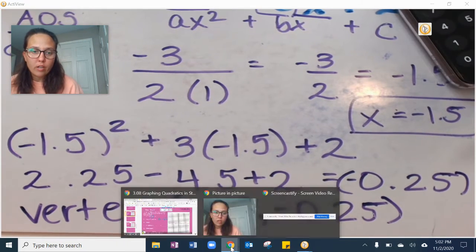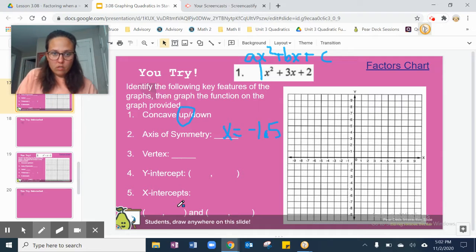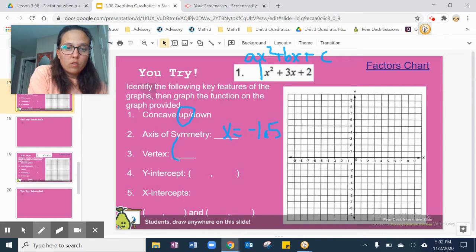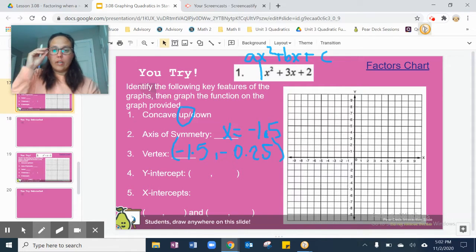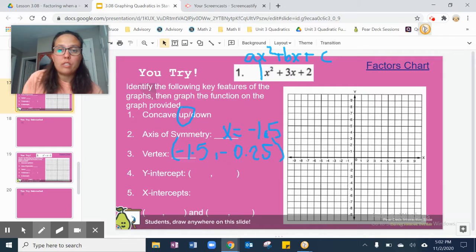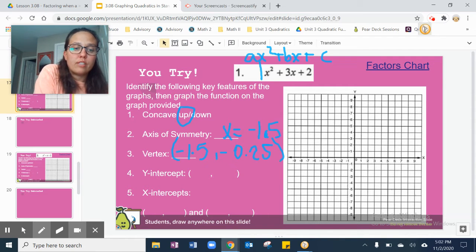So let's go back and log that. All right, what is the y-intercept? Well, that one's easy. The y-intercept is always the c value. So our c is 2, therefore it's going to be 0, 2.